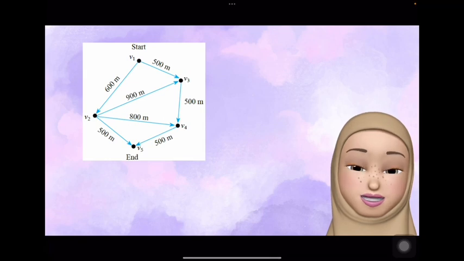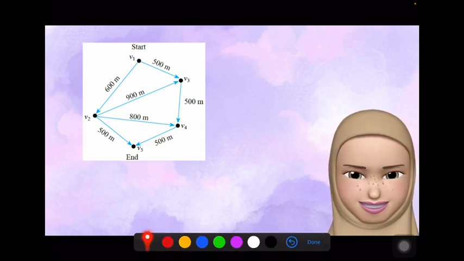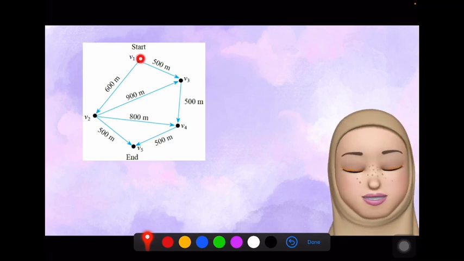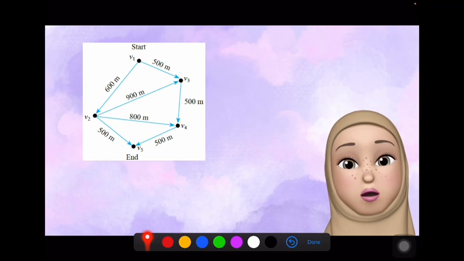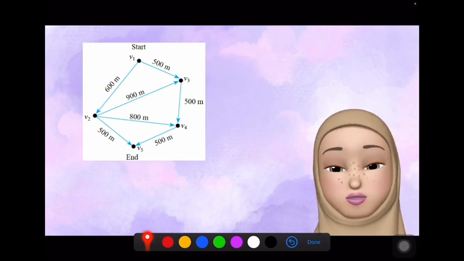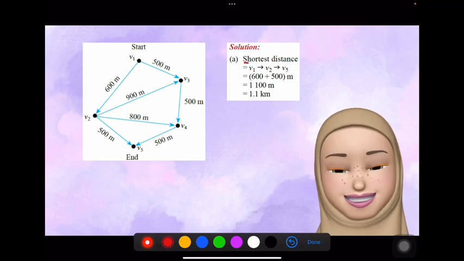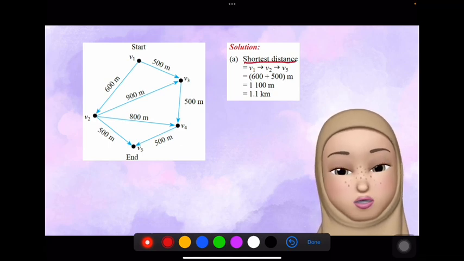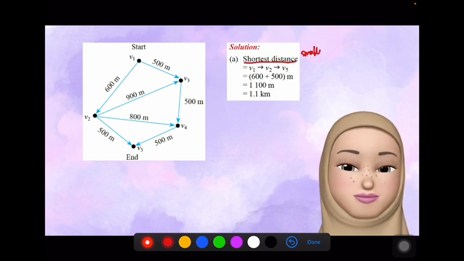Okay, let's try to answer. This is the given diagram. We have to start from V1 and end at vertex V5. We are going to answer question A. We are going to determine the shortest distance. You can determine the shortest distance by referring to the value of distance given.